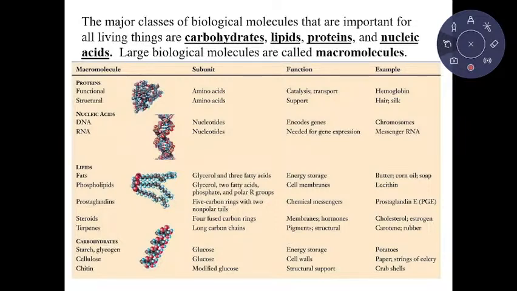Cellulose is mainly in the cell wall, as seen in plant cell walls, and crab shell. So I have given an idea about all the macromolecules, their subunits, their functions, and a few examples.